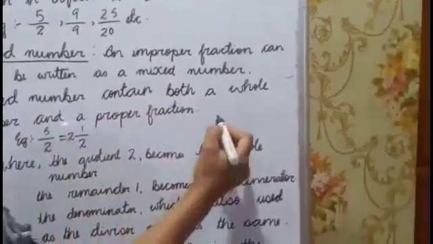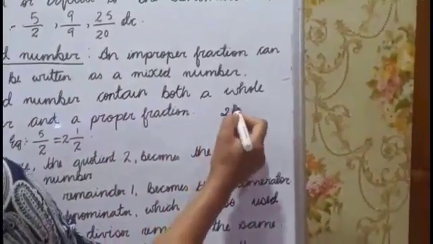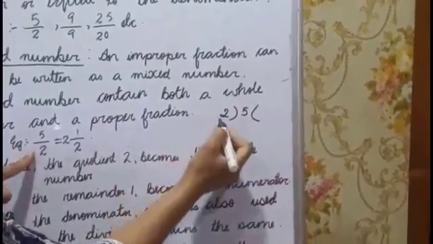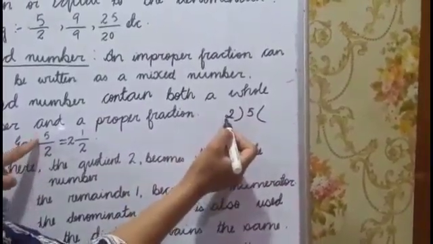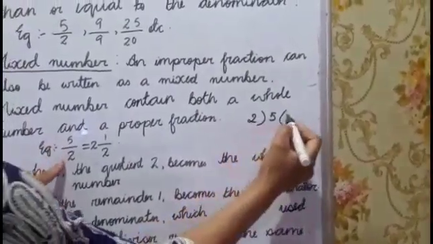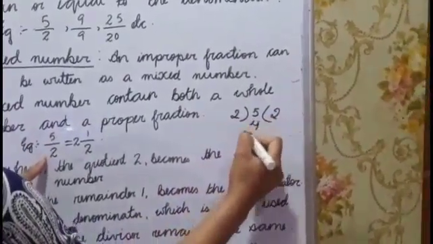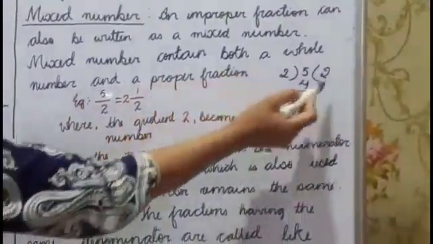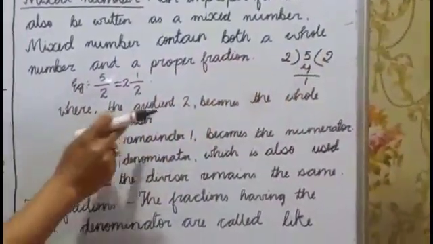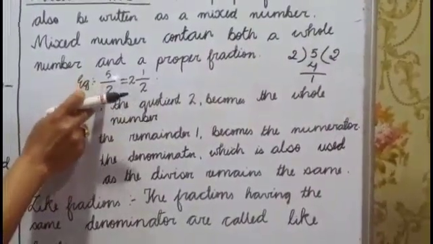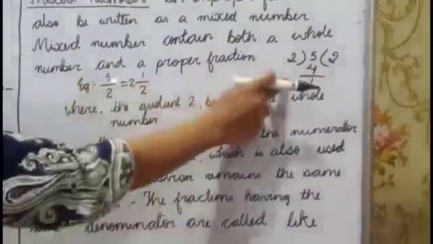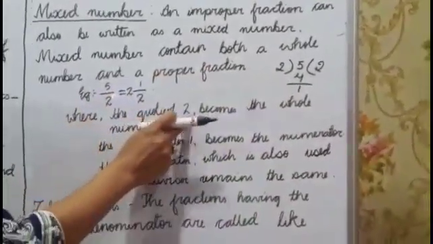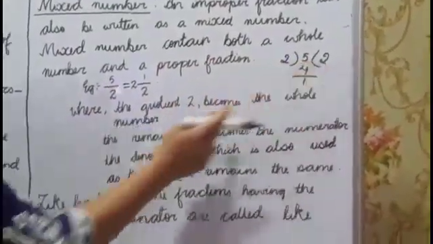Let's see. We have to divide the numerator by the denominator. Here the denominator is 2, so we take it as the divisor, and 5 as the dividend. 2 twos are 4. We get remainder 1. Now how do we write this in mixed form? The quotient 2 becomes the whole number.